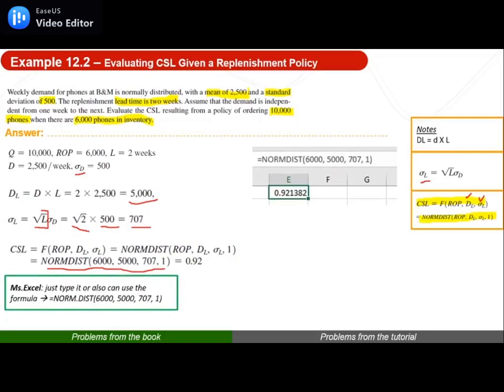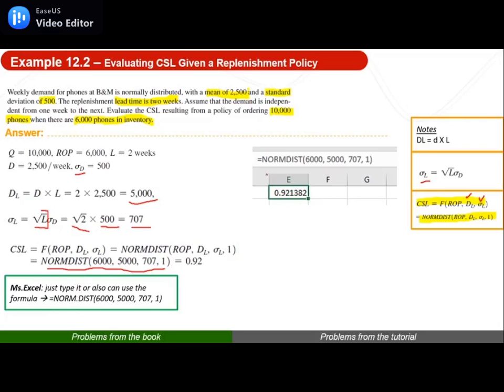Or also, because NORMDIST is actually an old formula, you can also type NORM.DIST, but actually it will not be different. So it is okay to use one of these.